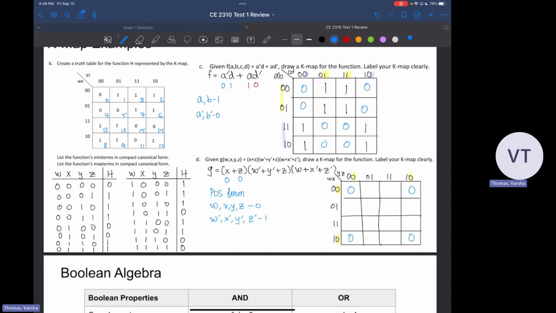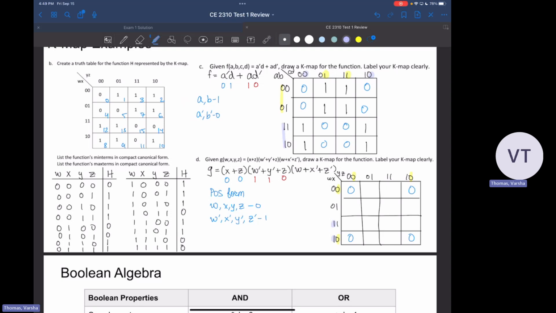And then for my second term here, W naught has a value of 1. Y naught has a value of 1. Z has a value of 0. So it's nice when you have 2 variables here that are on the same side. So I'm going to find wherever W is 1, which is over here in these 2 rows.